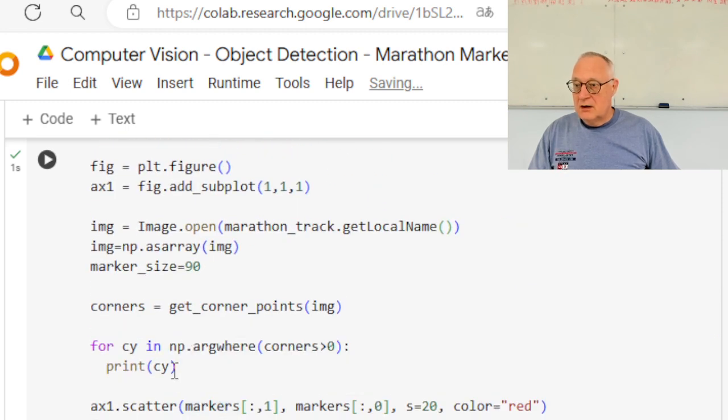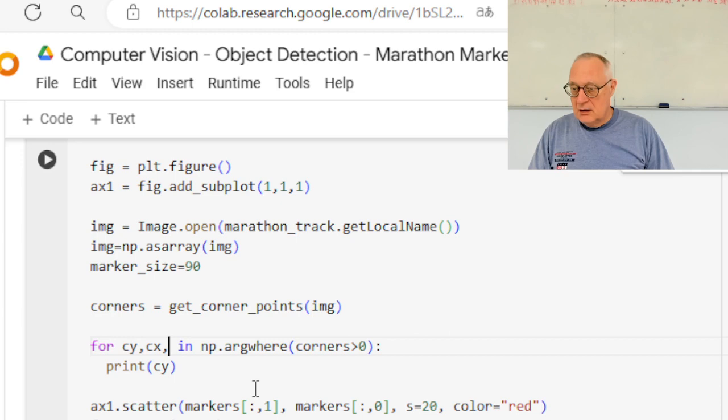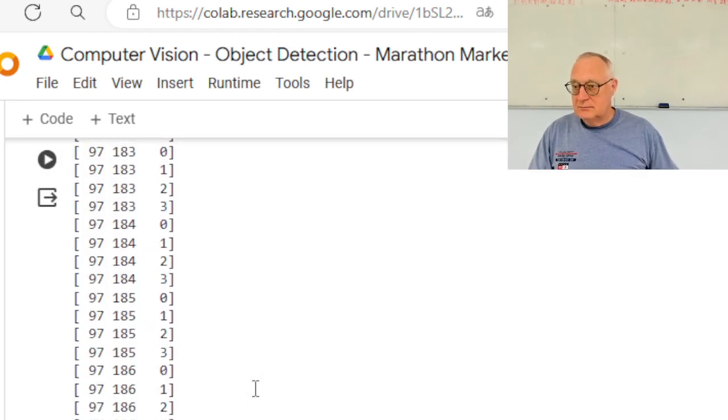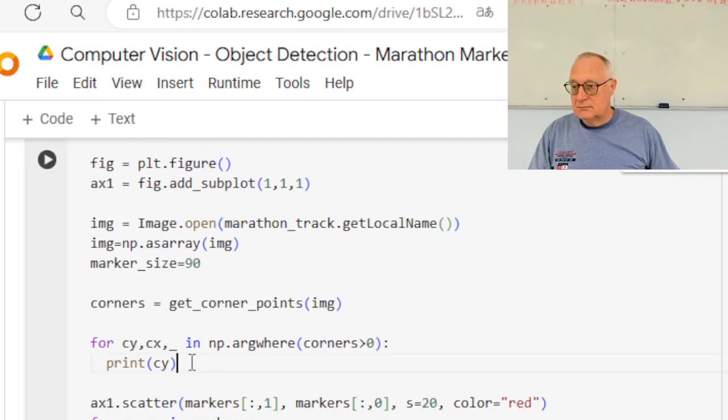Okay, so here we have that. So that would be CY, CX, and the value. Image CY, CX is equal to corner mark.